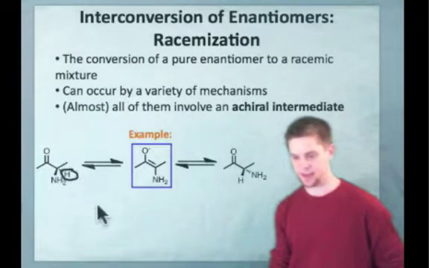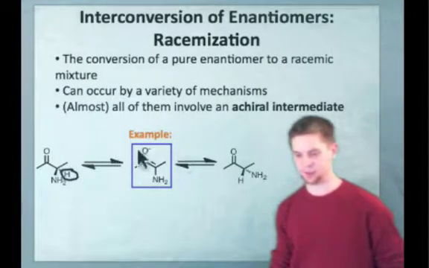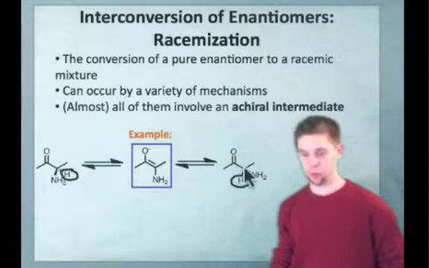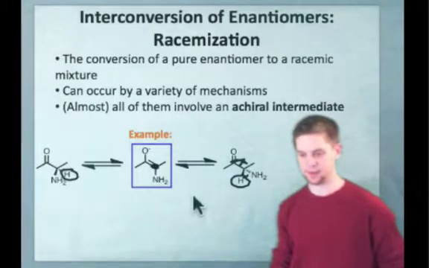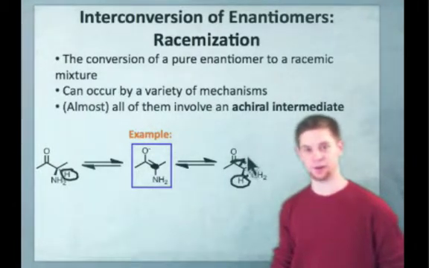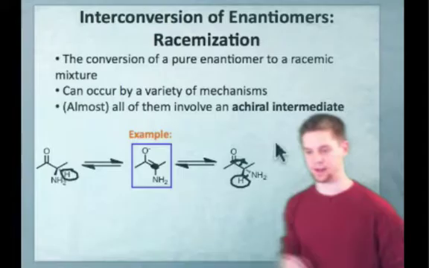So we take off that hydrogen, that generates an achiral intermediate, and then we put it back on the other side of what was formerly a stereocenter, right? That's destroyed in the achiral intermediate, and becomes a stereocenter again when we reapply that hydrogen to it.